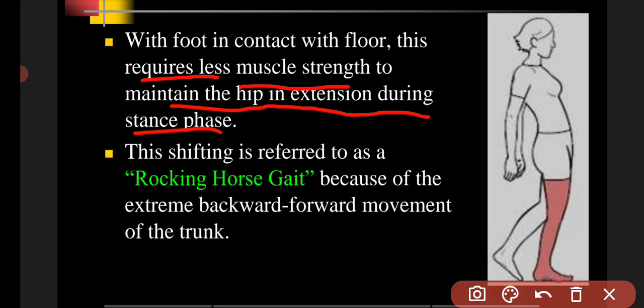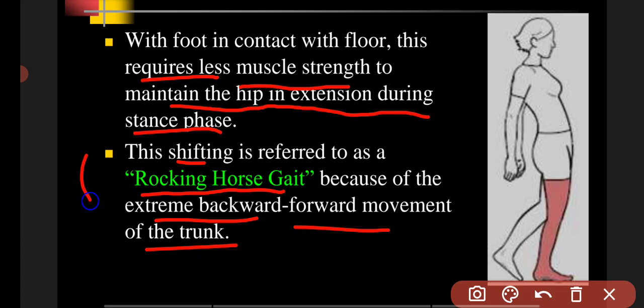So this shifting is referred to as the rocking horse gait, because of the extreme backward and forward movement of the trunk. In normal gait, you will not see the extreme backward and forward movement of the trunk, but in case of gluteus maximus gait, you will see the rocking horse movement.